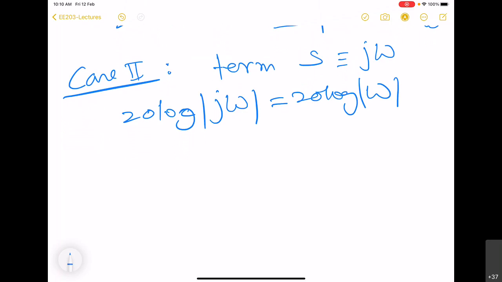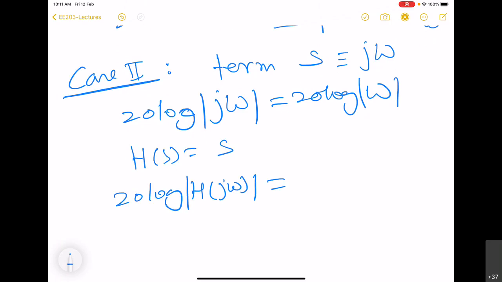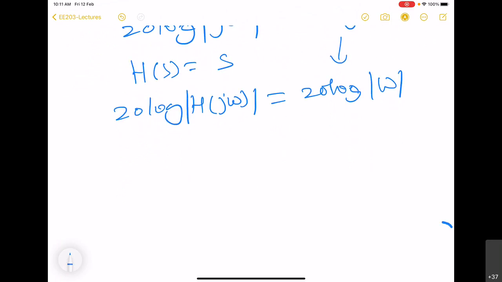So we have a transfer function of this form: 20 log mod H j omega is equal to 20 log omega. Here you can see that this is the y-axis and the x-axis is always log omega.